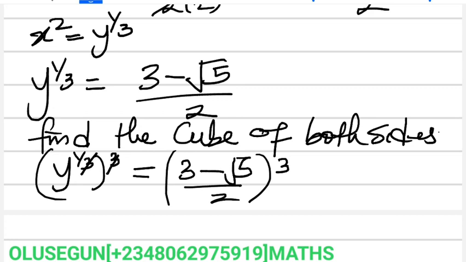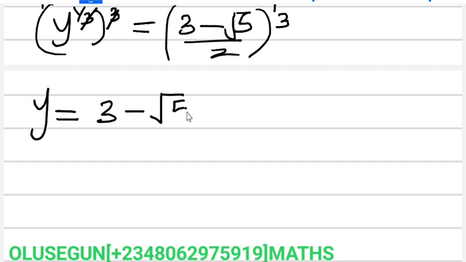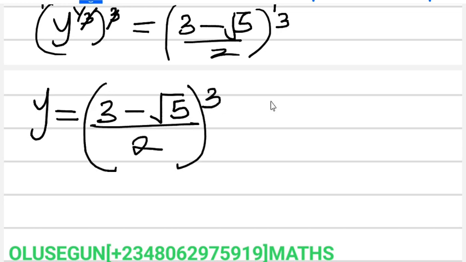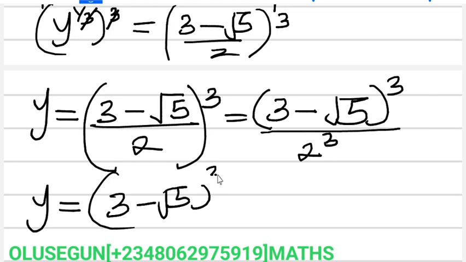Therefore, the value of y will now be equal to 3 minus root 5 divided by 2 all raised to power 3, which is 3 minus root 5 all raised to power 3 over 2 raised to power 3. So therefore y is equal to 3 minus root 5 all raised to power 3 divided by 8.